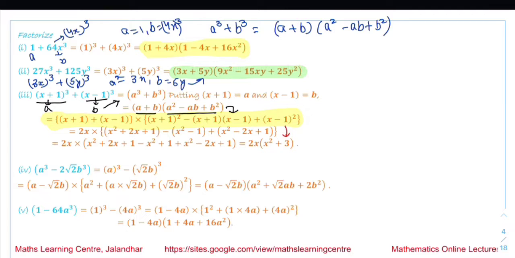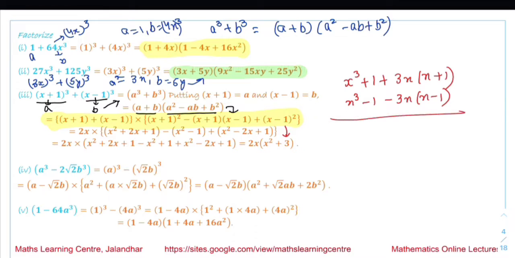This is one procedure. Second, you can use the formula of whole cubes over here. So the answer you will get is x cube plus 1 plus 3x into (x plus 1), and the second term is x cube minus 1 minus 3x into (x minus 1). When you add these terms, these two get cancelled, so you are left with 2x cube.